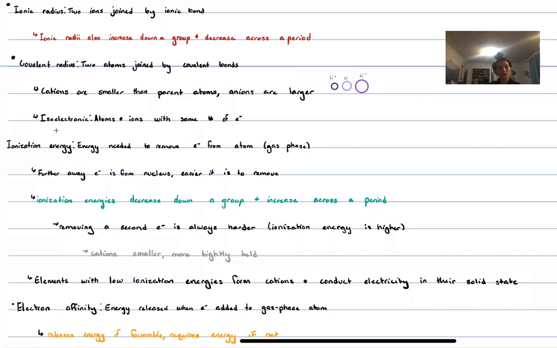And then for ionization energy, that's just how much energy it's going to take to free the electron from the atom itself. So we see the trend that the farther away your electron is from the nucleus, the easier it's going to be to remove.